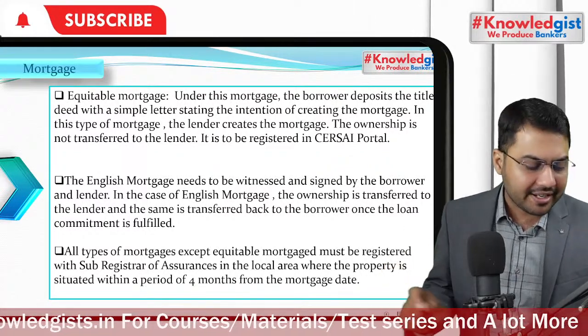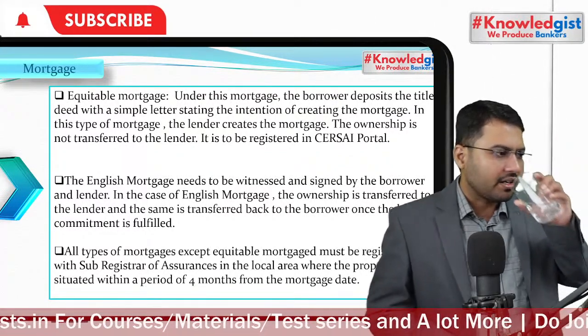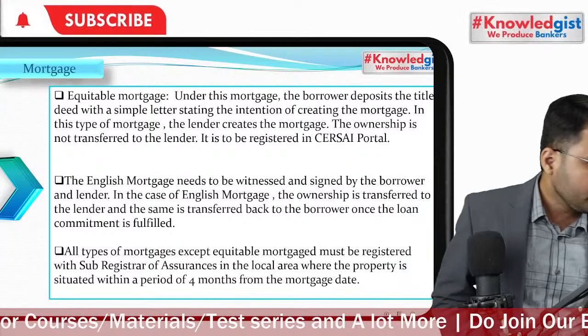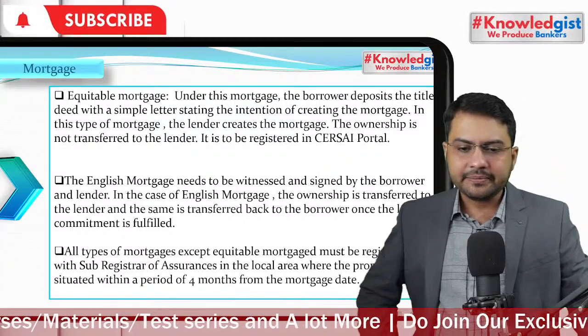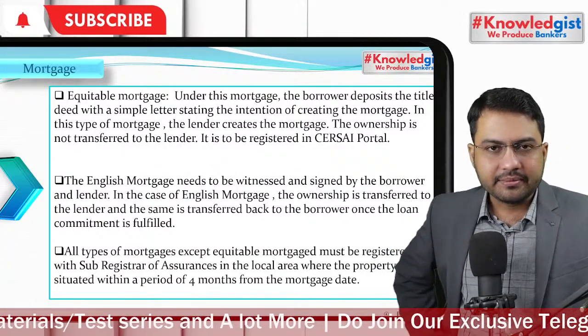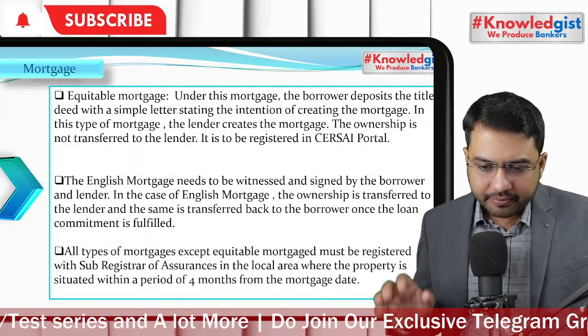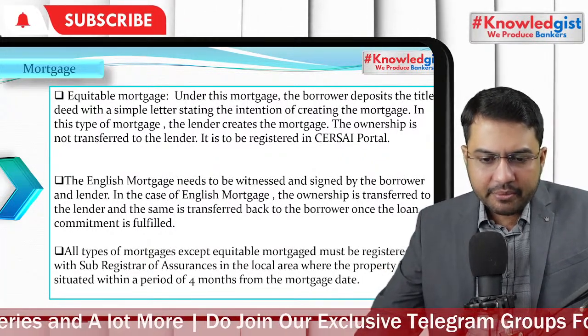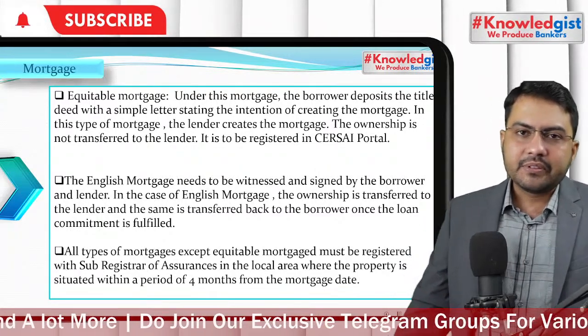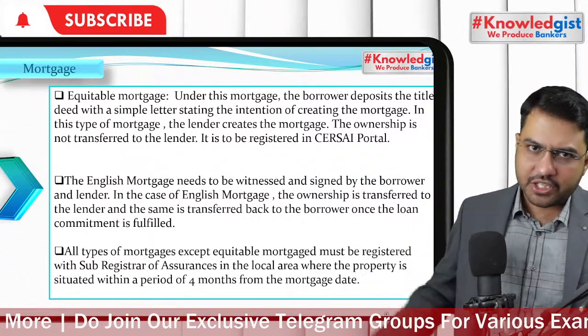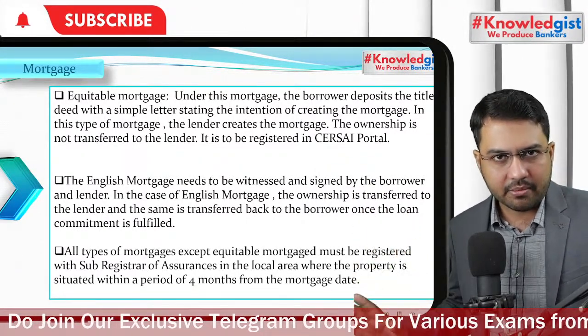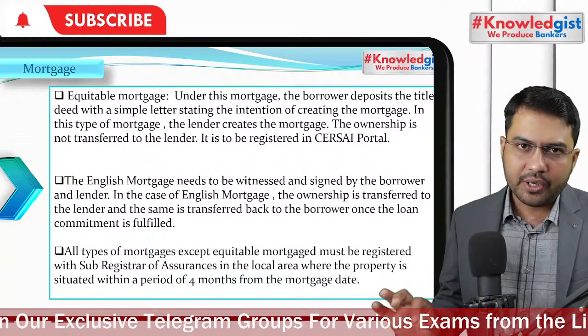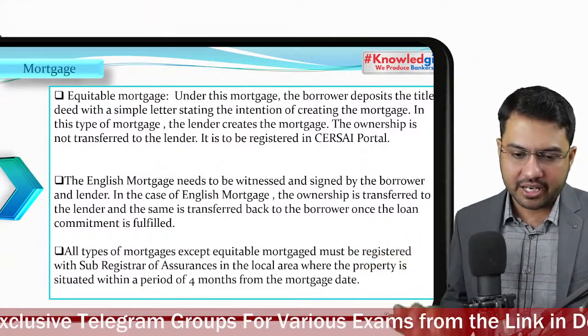It is to be only registered on the CERSAI portal. Clear? So the title deed of the property will be deposited with the bank, but ownership and possession both will be with the customer. No transfer of ownership. Only a charge will be created on the CERSAI portal.